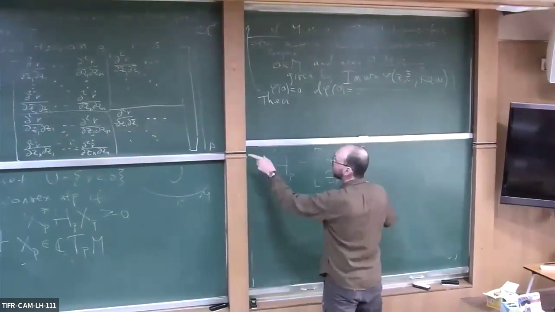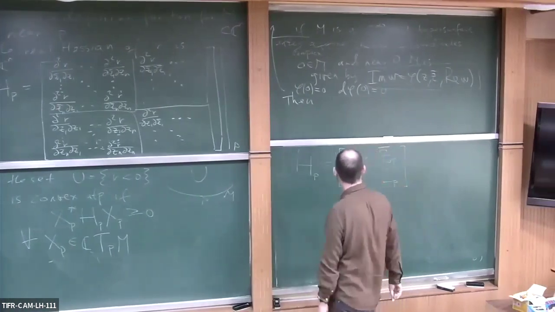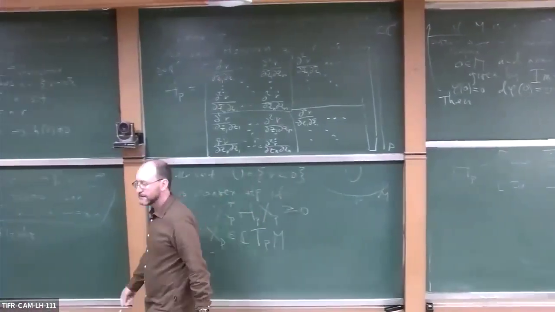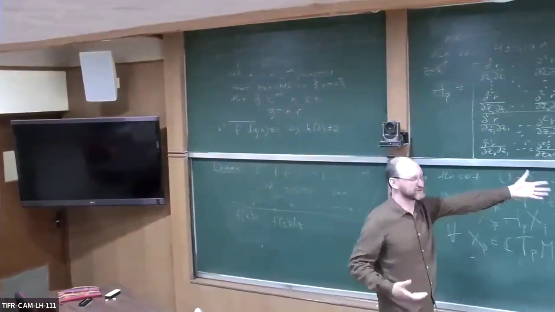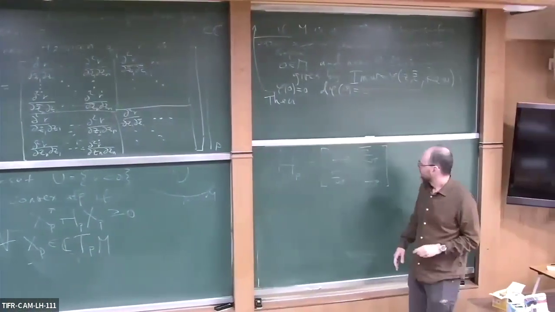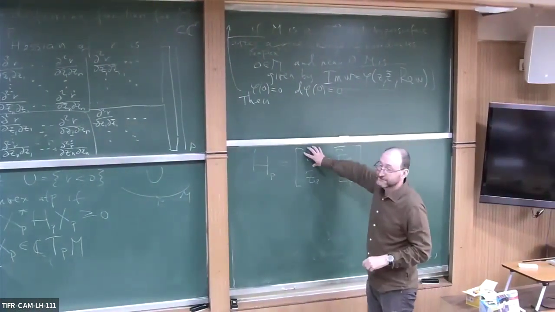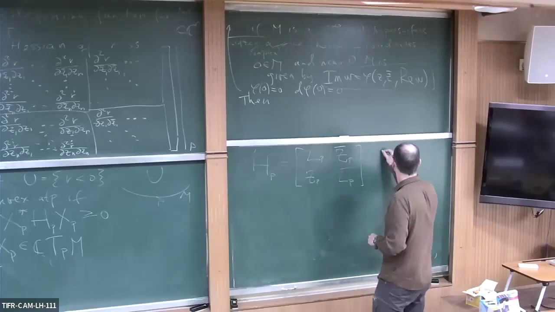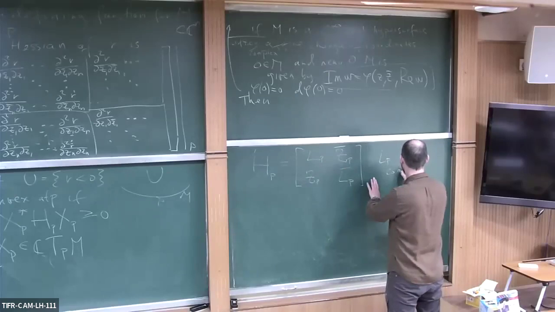This guy is just a bar of that, like this. So there are really two parts, because the other things are just bars: there's the L and the Z. This is the holomorphic Hessian, and this is called the complex Hessian. L and Z is the complex Hessian.